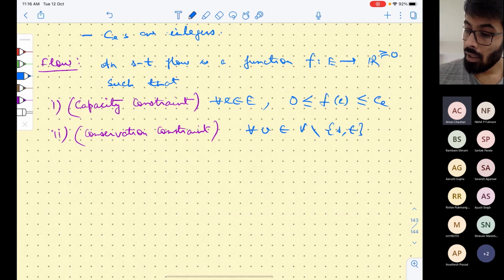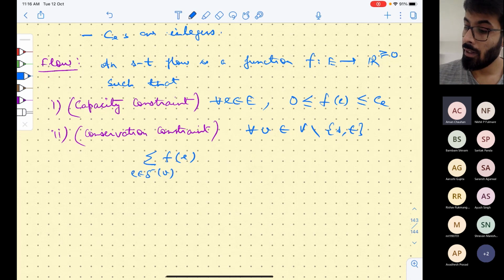Then if you sum the flow over all the edges that are incoming, E belongs to delta minus V, let's say, is equal to summation of f of E over E belongs to delta plus V. Okay.